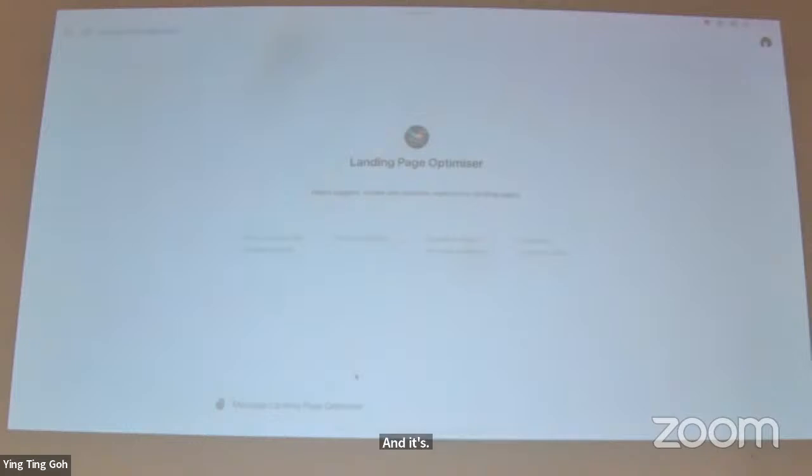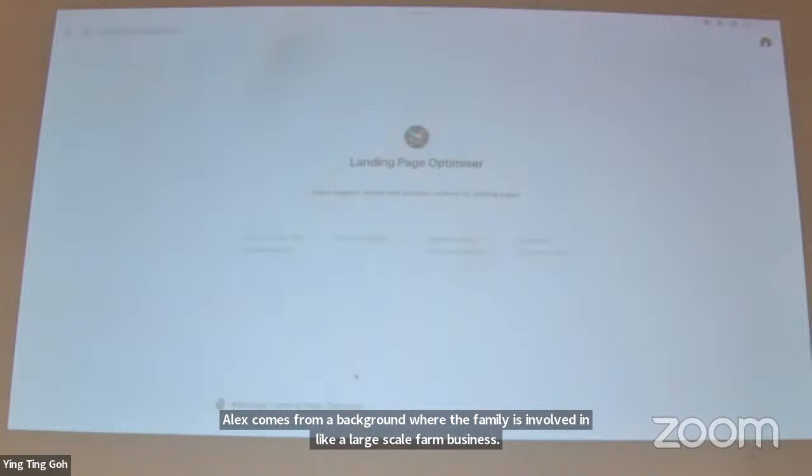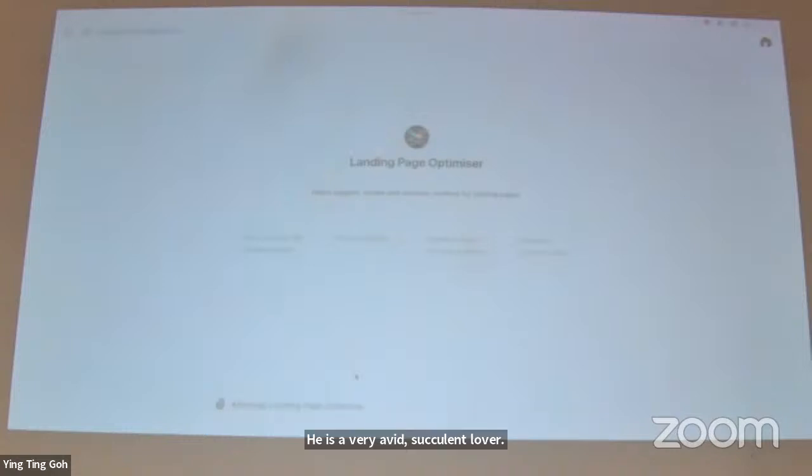Hey, I have a business called Success Succulents, and the founder is Alex. Alex comes from a background where the family is involved in a large-scale plant business, and he is a very avid succulent lover. He has now ventured out into building his own little succulent community because he really loves it, and also he wants to build something that's different from the organization that he was brought up in and was a part of.